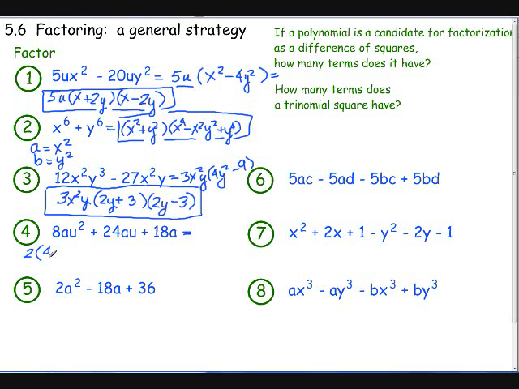I get 4. Oh, I should have said 2a, right? And then I'll have 4u squared plus 6u plus 9. Hope I didn't make any errors there.